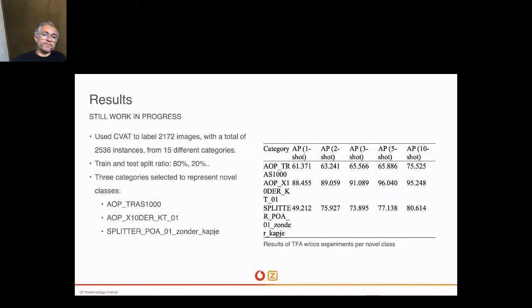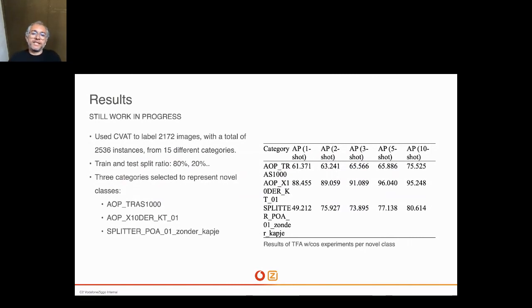So with those 15 to 30 images per class in the novel data set, we just pass it through the model that was fine-tuned. And then our predictions, as you can see in the table here, became really good.